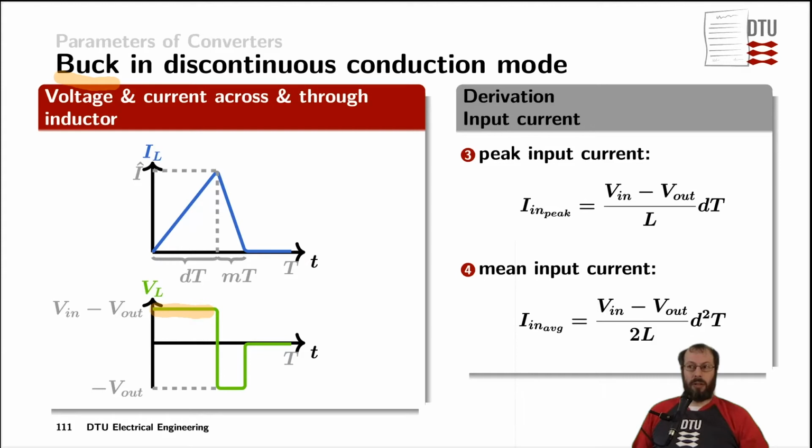Taking Ohm's law across that inductor into account, we have the inductor voltage divided by the inductance, and using the derivative of the current waveform, so multiplying by the duty cycle times the period time, which is down here, we can fully calculate this triangle and reach the peak current of the inductor.